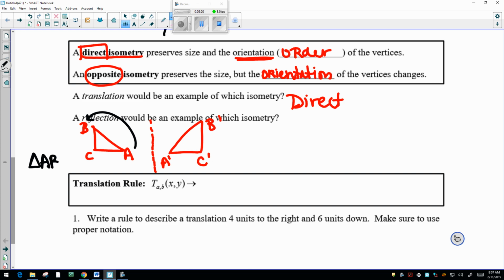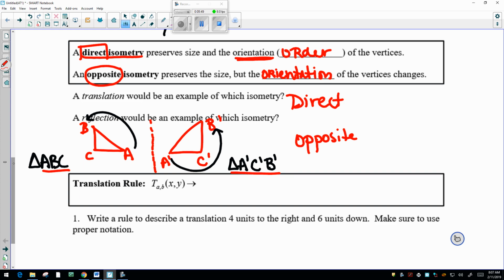So I have my triangle ABC. So I want to do the same thing on my image. I'm going to start at A prime and go in that same counterclockwise motion, but notice what happens this time. We go from A prime to C prime to B prime. So in this case, I can see the order of the letters or the orientation has changed, which would mean this would be an opposite isometry.